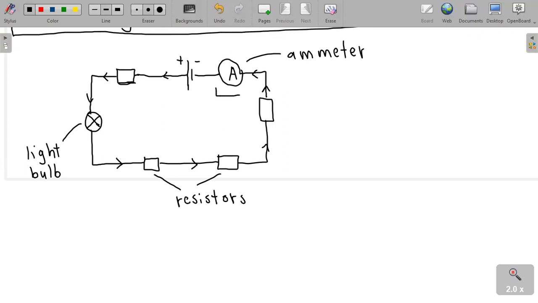At this point, the current will be measured by the ammeter, which has a reading that tells us how much current is passing here. But you can see that the current has only one path. The current does not take any other path. That's what we mean because the components are connected one after the other. So this is a rough sketch of a series circuit.